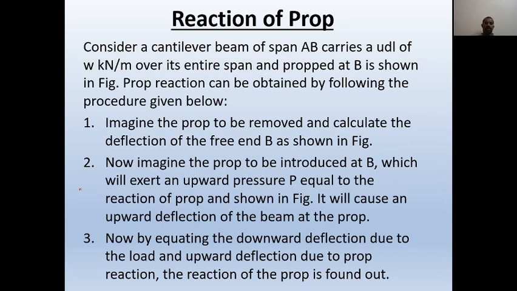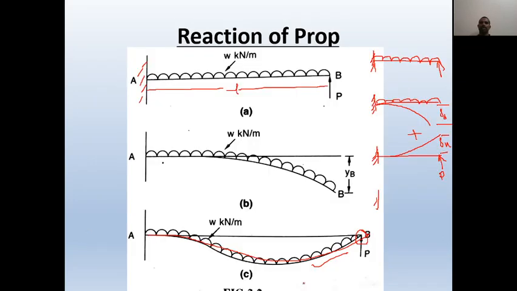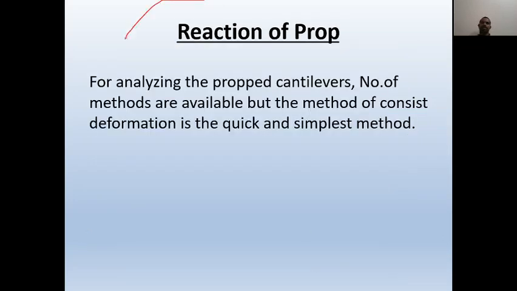By equating downward deflection due to the load and upward deflection due to the prop reaction, the reaction of the prop is found. For analyzing a propped cantilever, a number of methods are there, but the method of consistent deformation is quick and simplest, and therefore this is adopted.